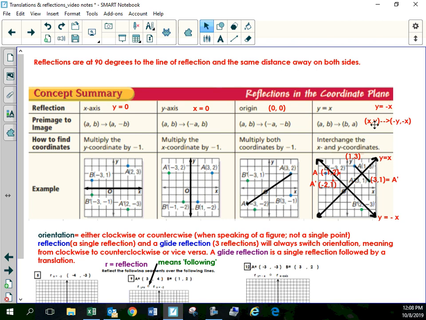All right, so what do we have here? I took a problem over here. Even though I've written down the rule right here, I'm going to show you this time how you can come up with the rule yourself. So watch this. I pick any point near this line, or near line y equals negative x. So I picked negative 1, 2. That point right there is negative 1, 2.